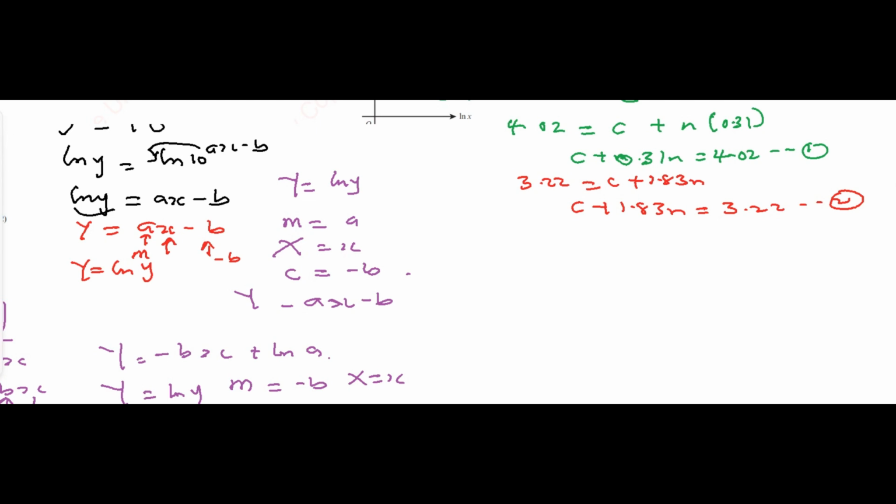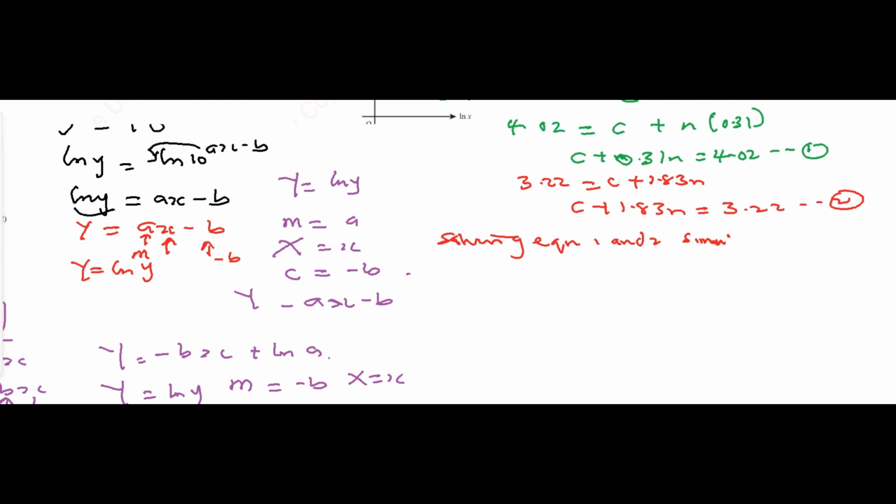Solving equation 1 and 2 simultaneously, then I have the coefficient of C in equation 1 is 1, coefficient of N is 0.31, and the constant there is 4.02. For equation 2, we have 1 as coefficient of C, 1.83 as coefficient of N, and 3.22.